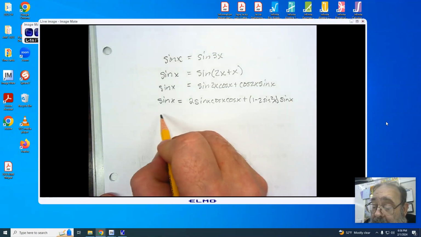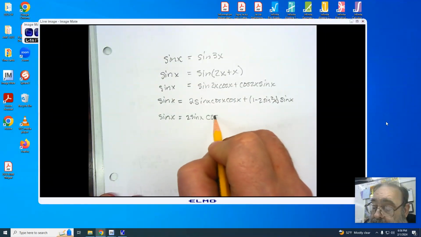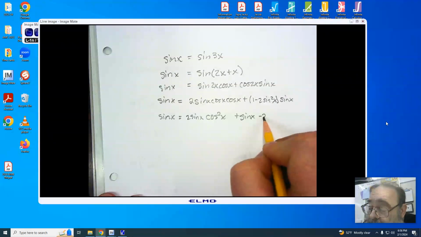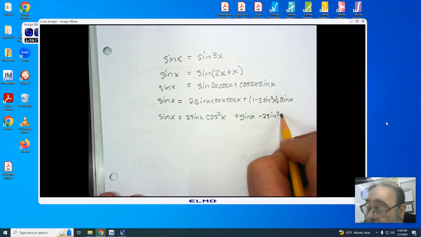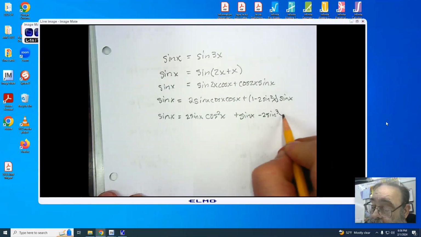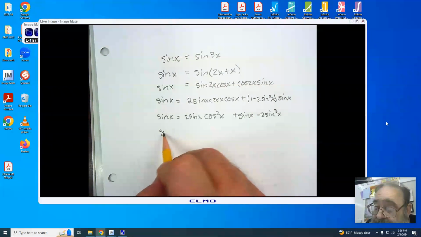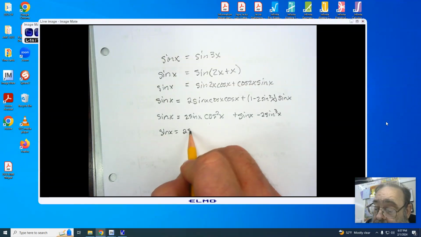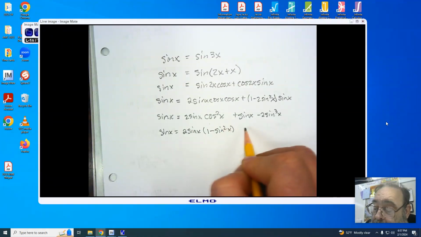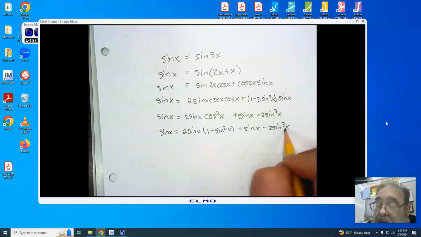Alrighty, I now have sine of x equals 2 sine of x cosine squared x plus sine of x minus 2 sine cubed x. I'm now going to look at this piece and I'm going to replace it so that everything is in terms of sine. Sine x is equal to 2 sine x times 1 minus sine squared x, plus sine of x minus 2 sine cubed x.